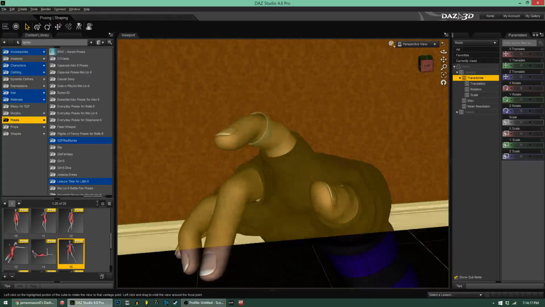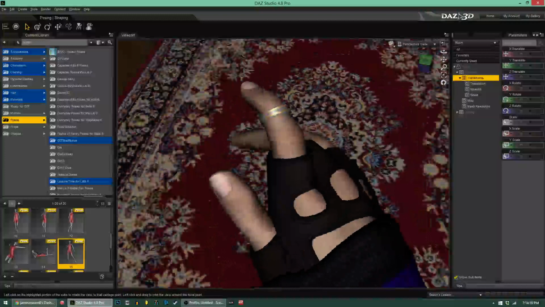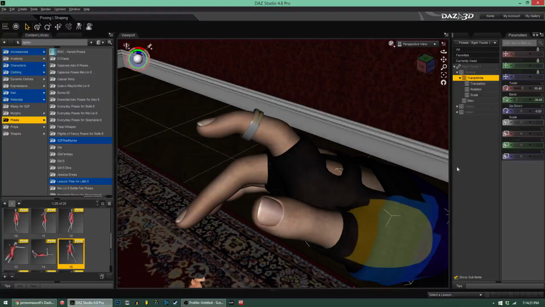Is this how a hand is supposed to look? No, that doesn't look healthy.